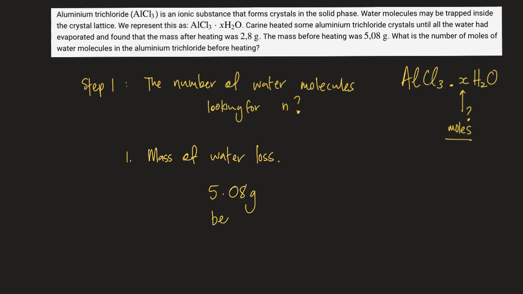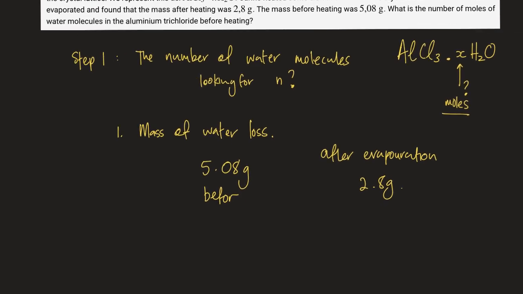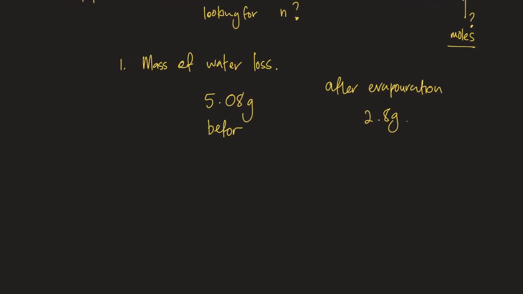So this was the before amount, and then after evaporation you were left with 2.8 grams. And now we need to find the mass of the water loss. Therefore, 5.08 minus 2.8 should give you 2.28 grams. And that is your water loss in this whole evaporation process.